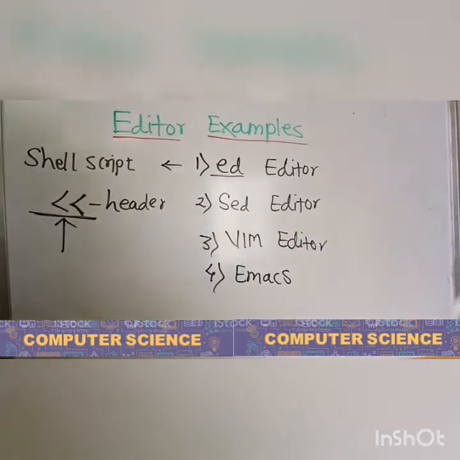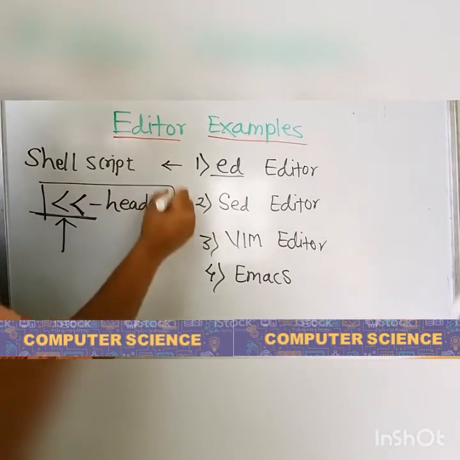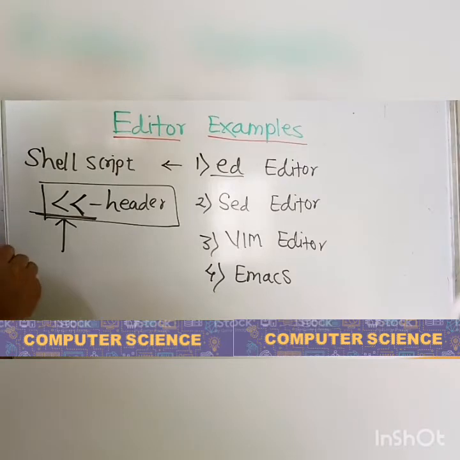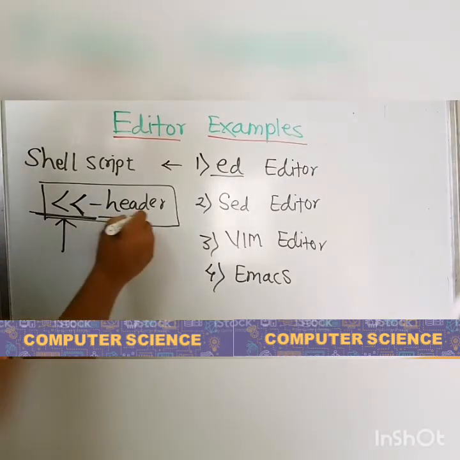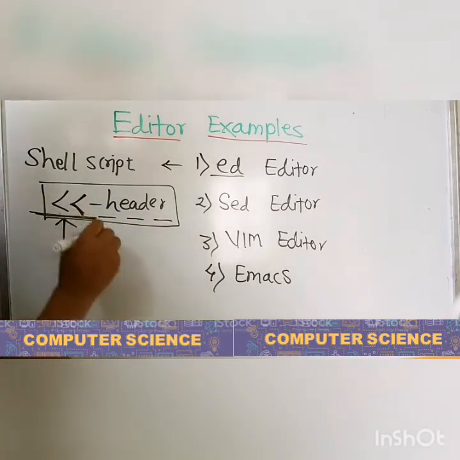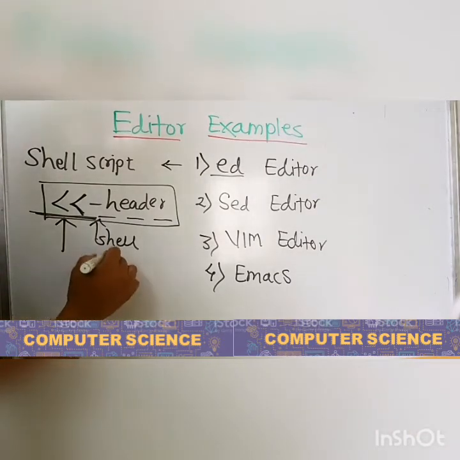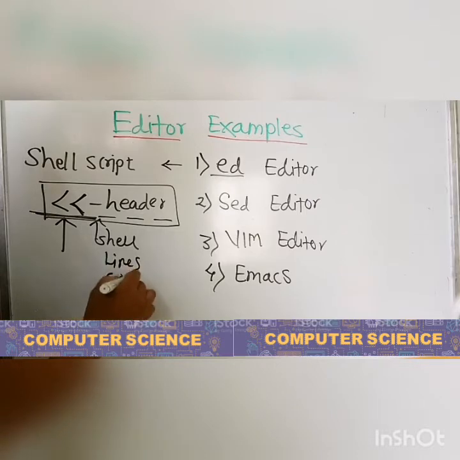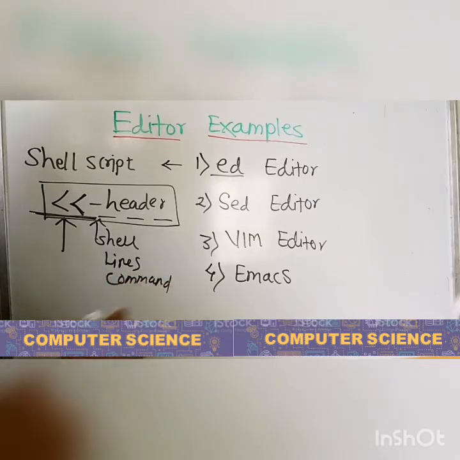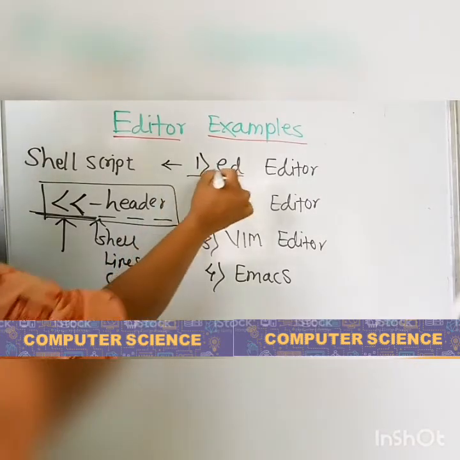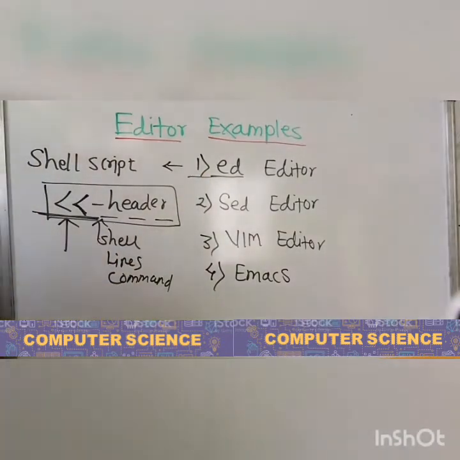For example, this header was specified to explain the editing functions, means different functioning of the shell script was done by this header section, but this will not explain the actual lines or actual commands. So for that purpose we are shifting to the ED editor for such cases. This is the actual mechanism behind the ED editor.